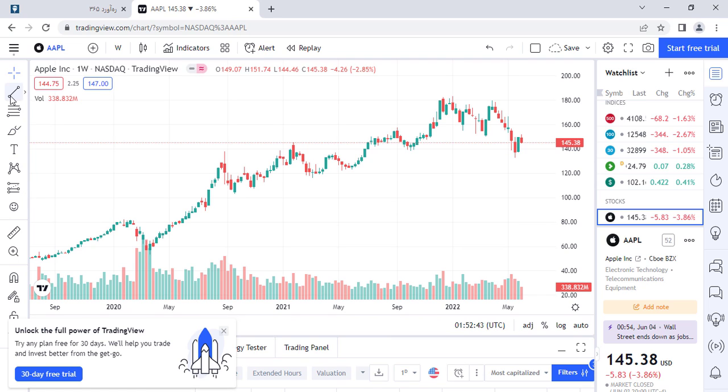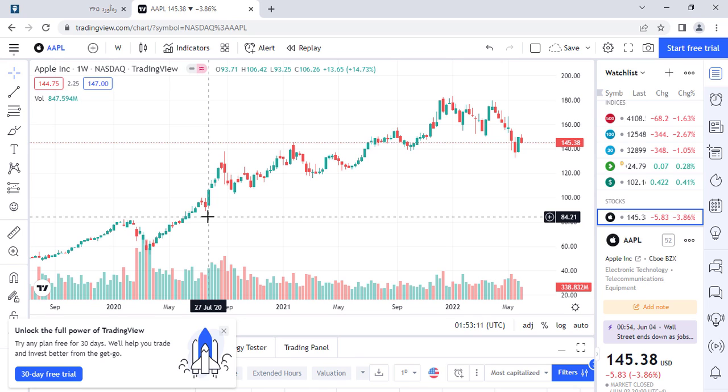For example, let's draw a candle for you. The candles that are green, in the green candles, the price increases.